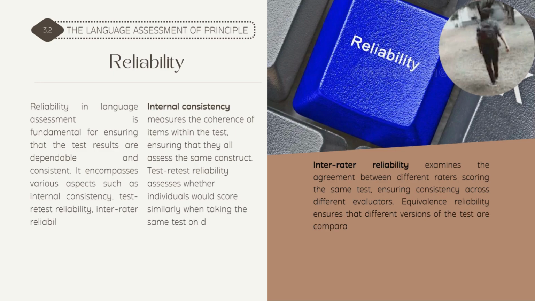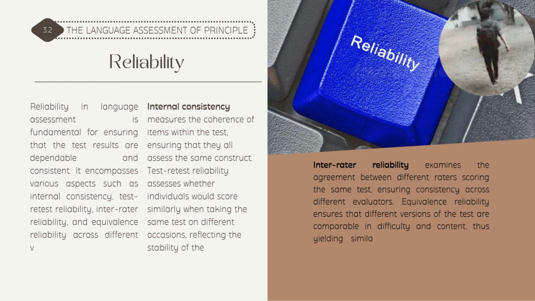Internal consistency measures whether test items are consistent, ensuring that they all assess the same construct. Test-retest reliability assesses whether individuals would score similarly when taking the same test on different occasions, reflecting the stability of the assessment over time.